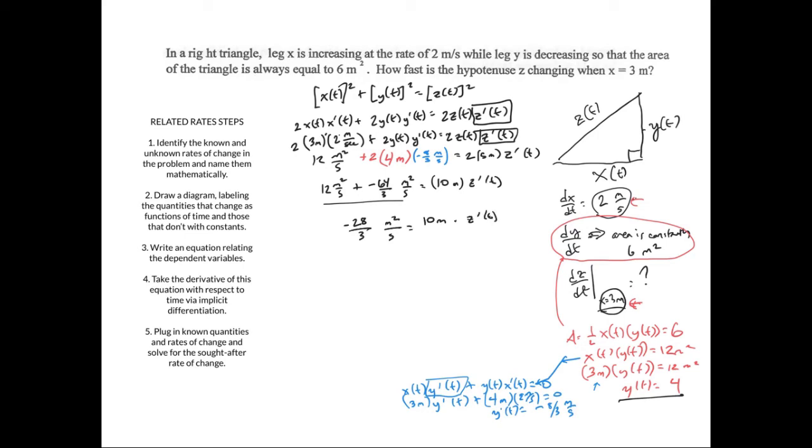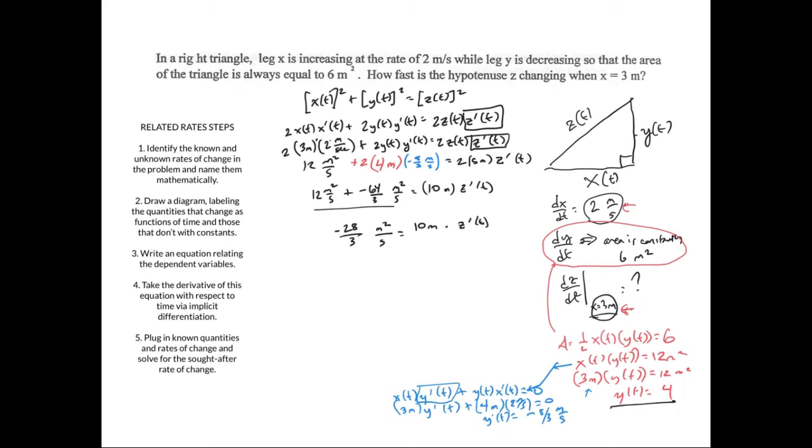And when I divide both sides by that 10, we get negative 28/30, which is negative 14/15. And when you divide the units, you get meters per second. And that would be z prime of t at the instant. Right. Next example.